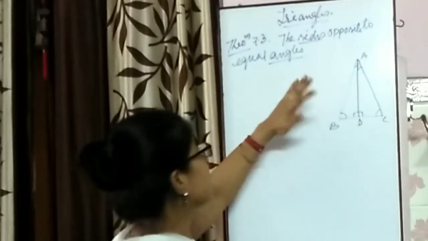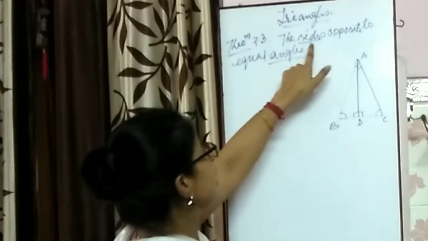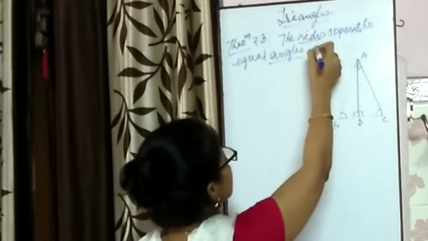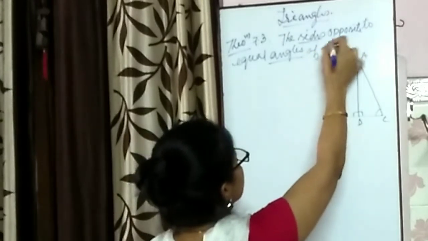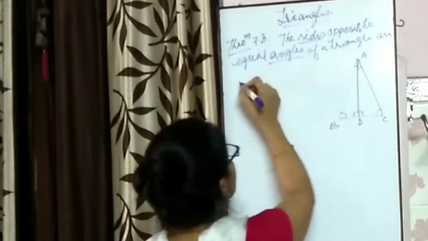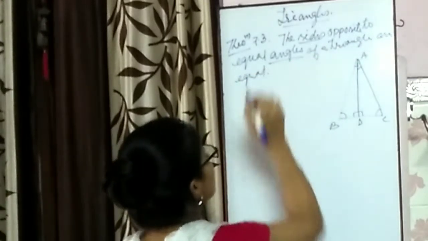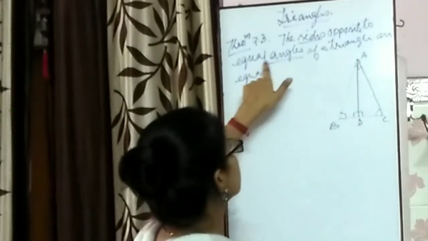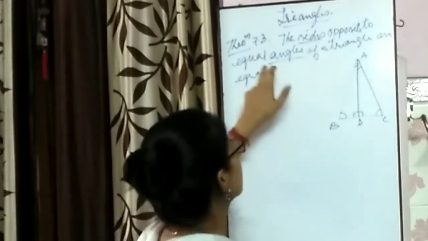Now it's theorem 7.3. Just the converse of that previous theorem. The sides opposite to equal angles of a triangle are equal. Sides are to be proved equal. It's given that angles are equal.